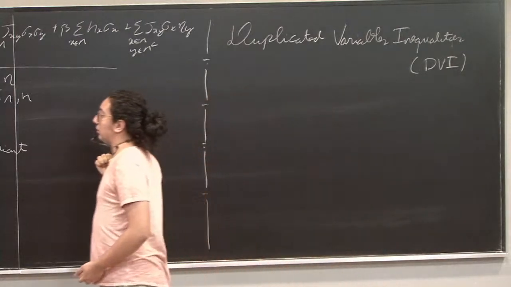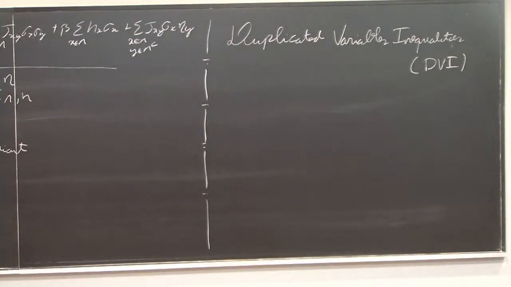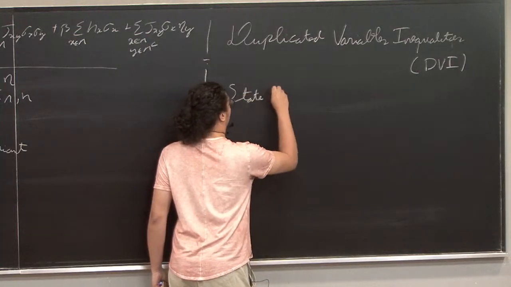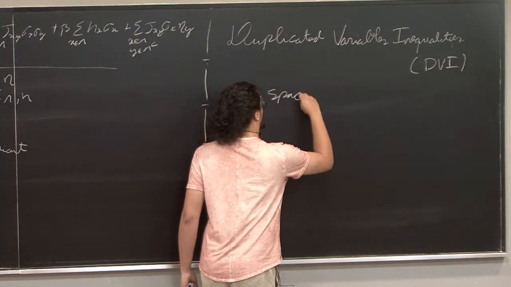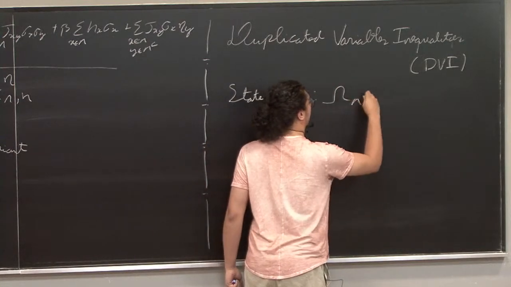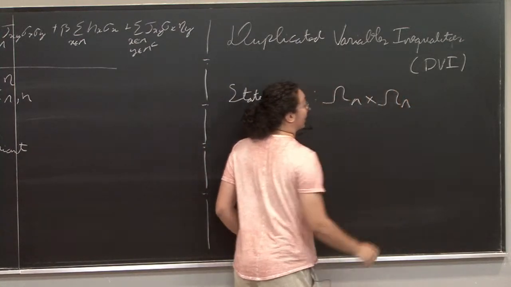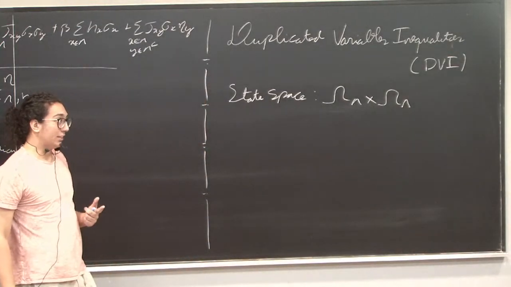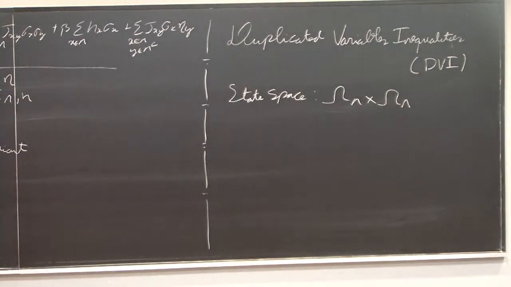These inequalities consist of a small trick of duplicating the state space. So now the state space is not just sigma or sigma lambda, the state space is now the product. You've seen this actually in the proof, maybe of the GKS inequality, or maybe FKG, I don't know.